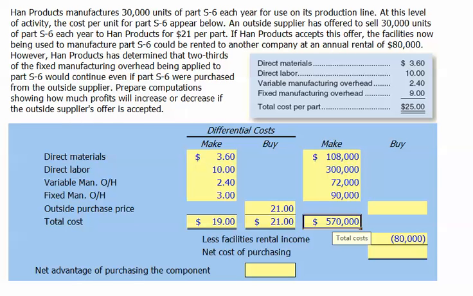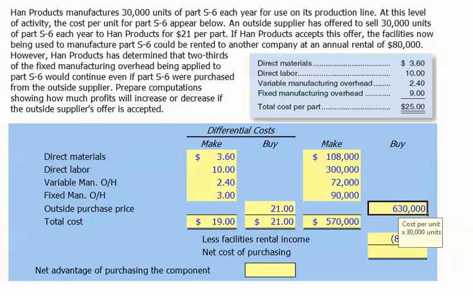So our total cost of making the product is $570,000, compared with the total cost of purchasing outside of $630,000, which is $21 per unit times 30,000 units. However, if we purchase from an outside supplier, we can rent our facilities to another company and generate $80,000 in income.